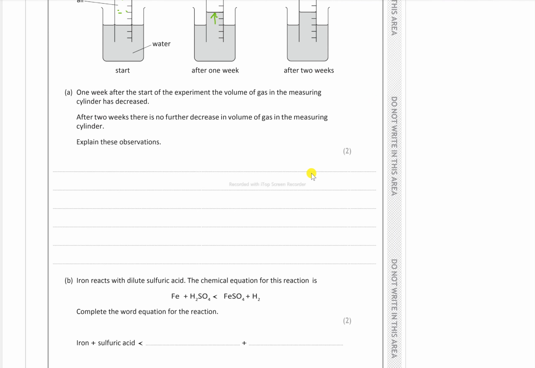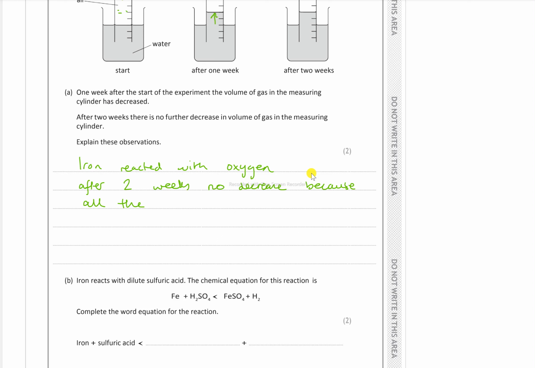Right. So with this, we need to explain why that was. So iron reacted with oxygen, and then after 2 weeks, no decrease, because why?